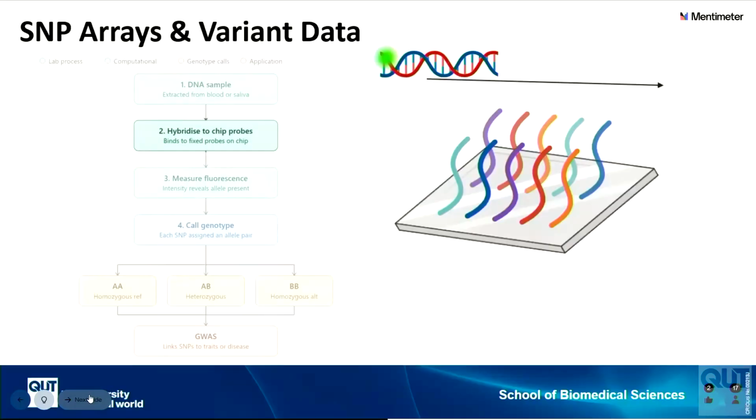It runs over the chip, gets grabbed, and all of these DNA parts get stuck to a particular area of the chip and glow with the fluorescence. Then we use a computer to measure the different areas and the fluorescence in each area, and we know which single nucleotide variants have been extracted.